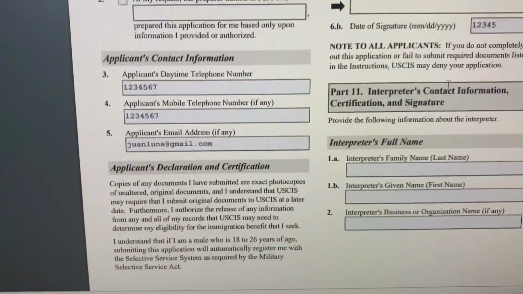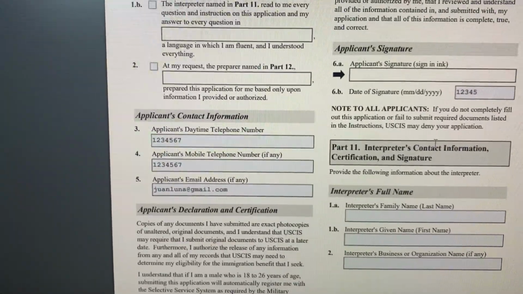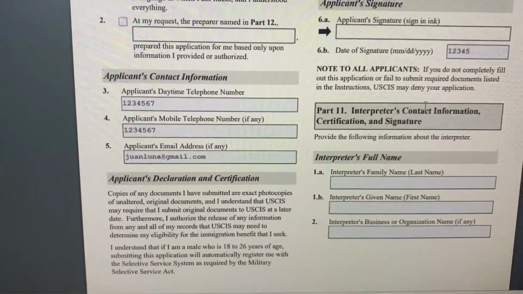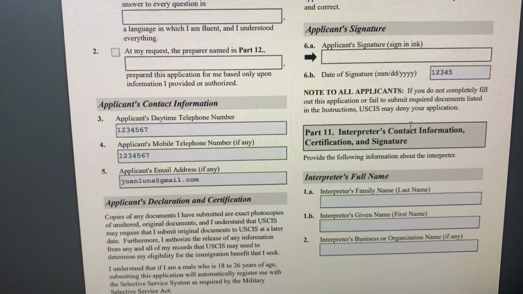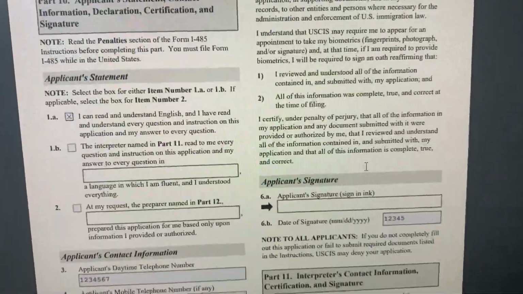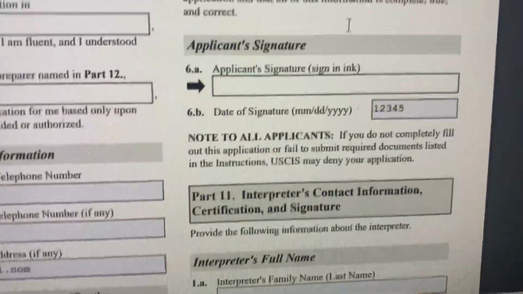I recommend using the same email address so you wouldn't miss anything from your case. And if you don't have a telephone number or mobile number, just put your husband's or your wife's. This is very important, guys.